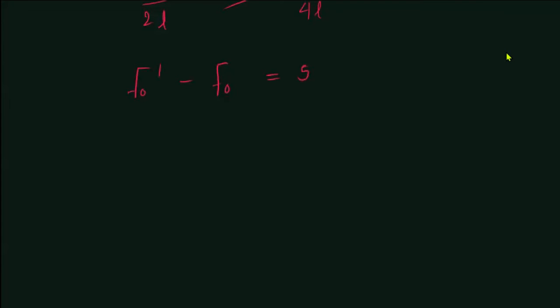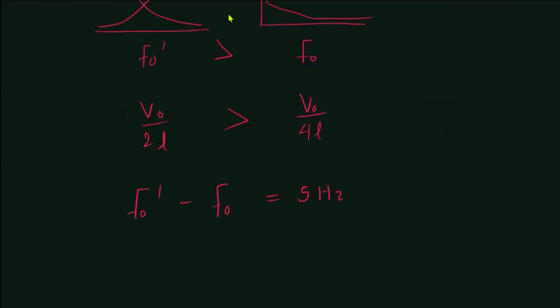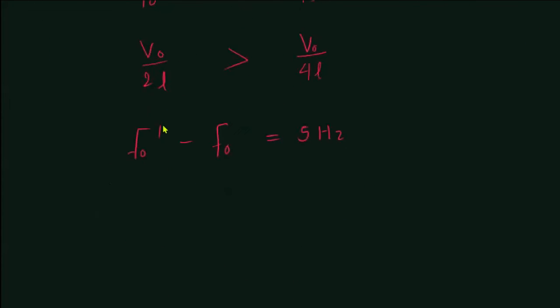What will be the beat frequency? 5 hertz, right? So the fundamental frequency of the open end tube minus the fundamental frequency of the closed end tube gives us 5 hertz. So how do we write the fundamental frequency of the open tube? V over 2L2, right?